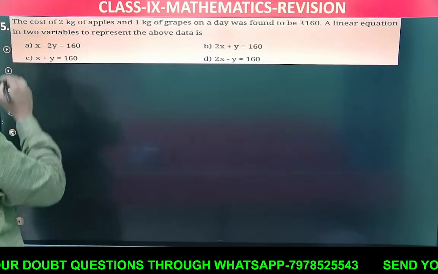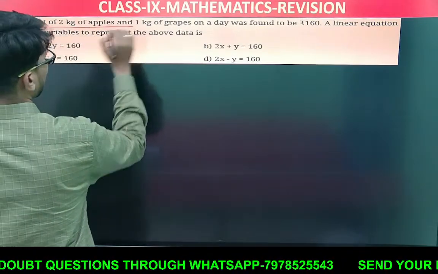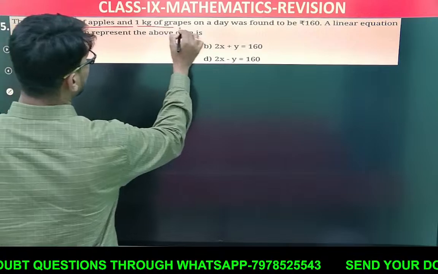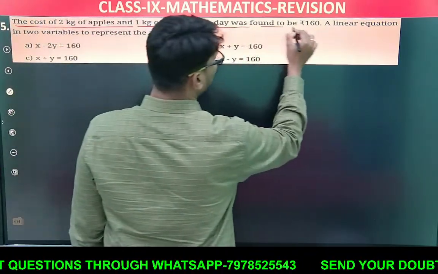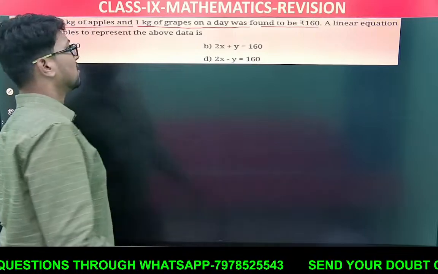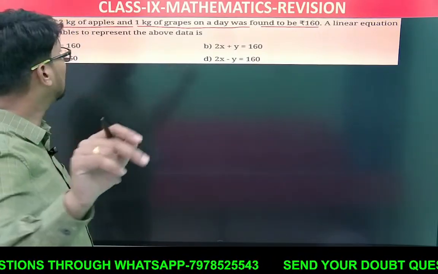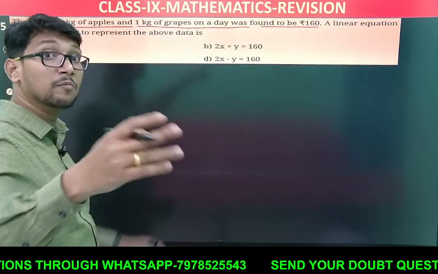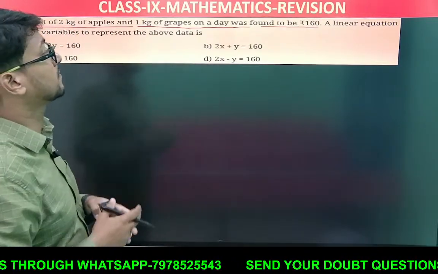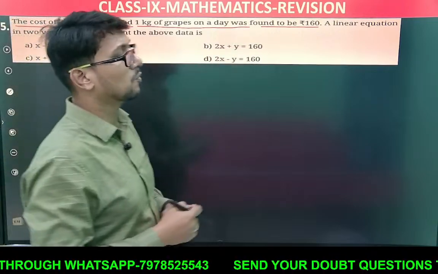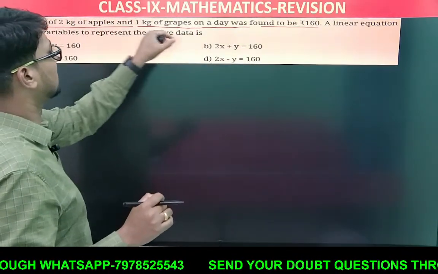What is the question given? The cost of 2 kg apple and 1 kg grapes on a day was found to be 160. Write a linear equation in two variables to represent the above data.